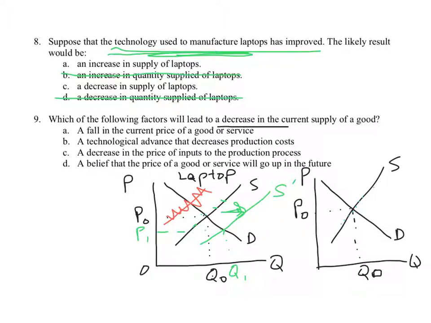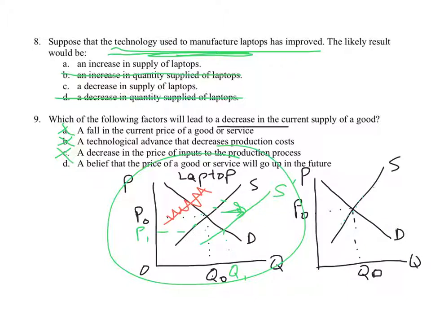So we rule out B as well. A decrease in the price of inputs to the production process. Actually, that's another increase in supply. That also looks just like that graph, except we're talking in general, not the laptop market, but you get the idea. So C's out. Hopefully D makes sense. Otherwise, it's a bad question, should have been challenged.